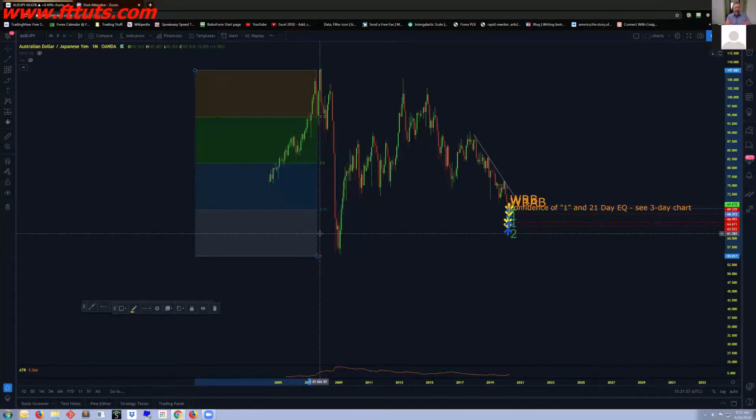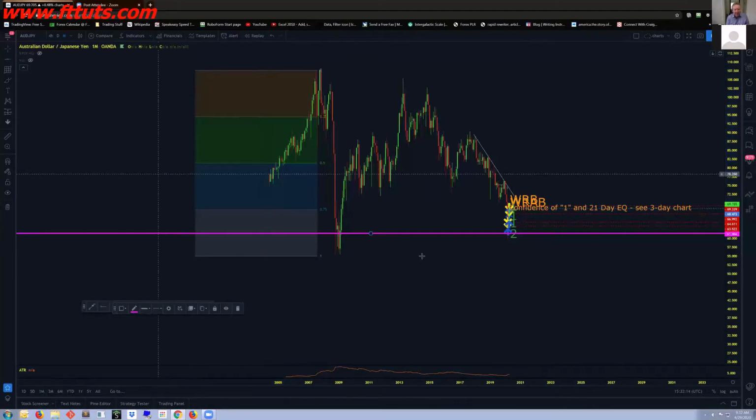It's 50% of that lower quadrant. If I put a horizontal line like this and just eyeball it right about there, it doesn't have to be perfect, but that's pretty darn close. Yeah, that looks good.